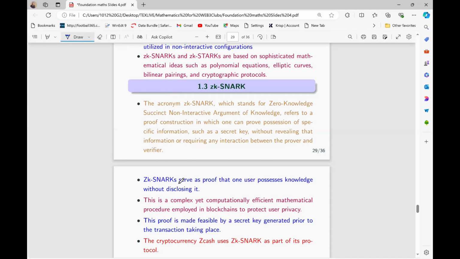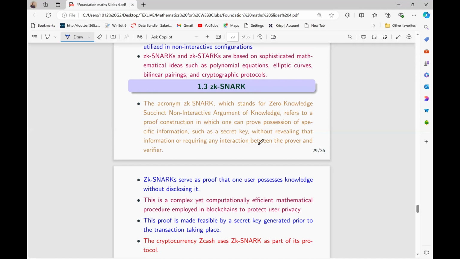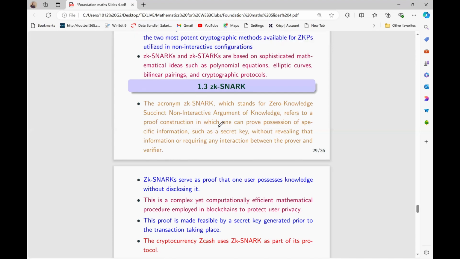Now, I've said that ZK-SNARKs serve as proof that one user possesses knowledge without disclosing that knowledge. You don't need to disclose what you have, but prove that you have it, without disclosing what it is. I've already said that it has mathematical procedures employed in blockchain.